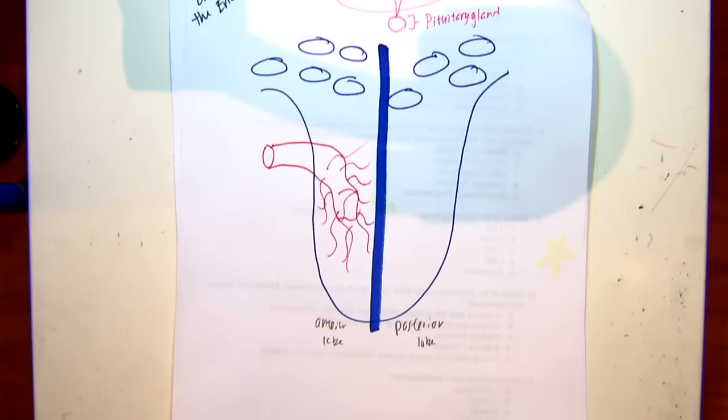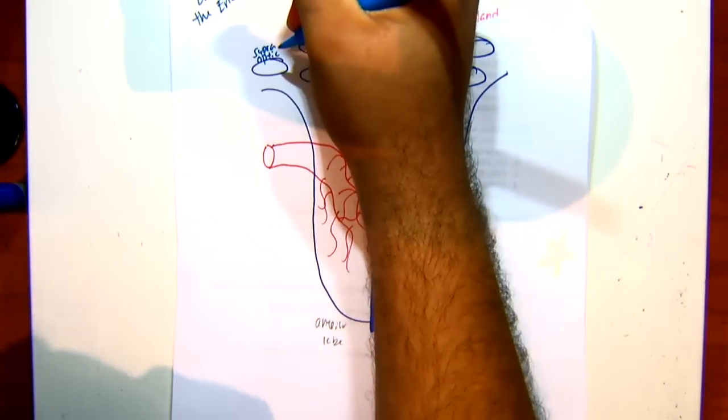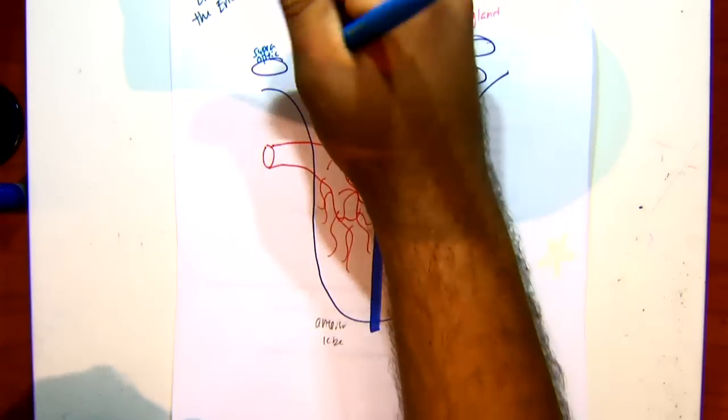And then for the posterior lobe, the way that we connect it from the hypothalamus is we have 2 nuclei. We have the supraoptic and the paraventricular nuclei.